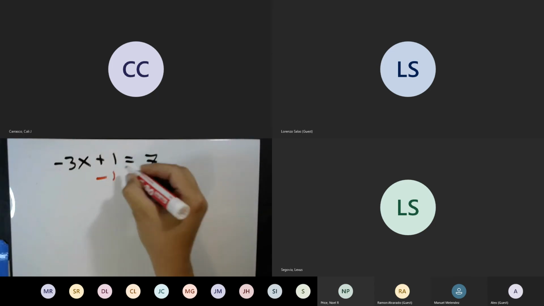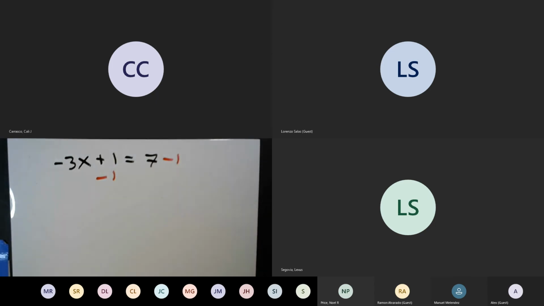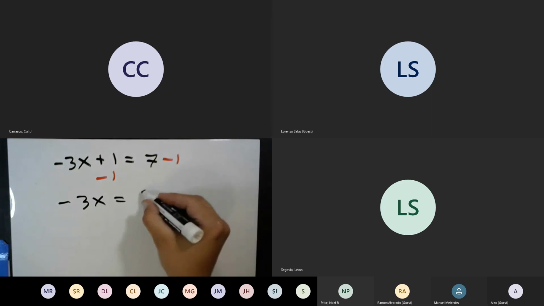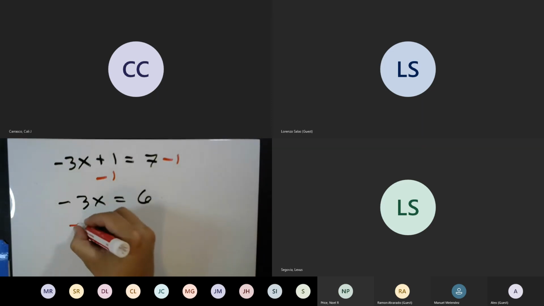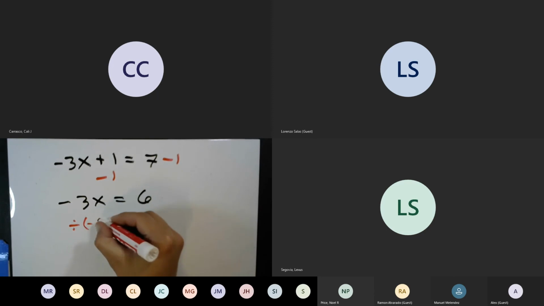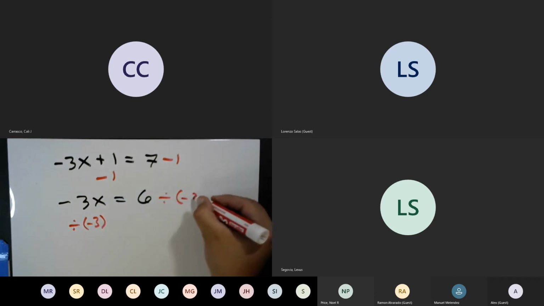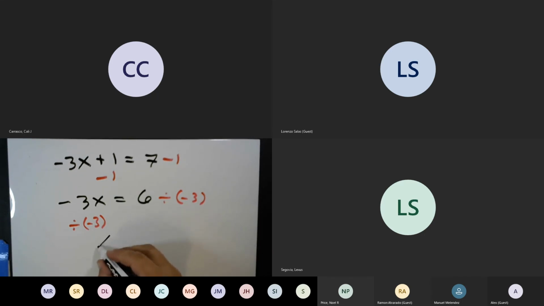So we undo the +1 by subtracting. We get -3x is equal to 6. And then we divide by the -3, and we're going to divide by the minus as well. We include that minus. And so what we'll get is x is -2.